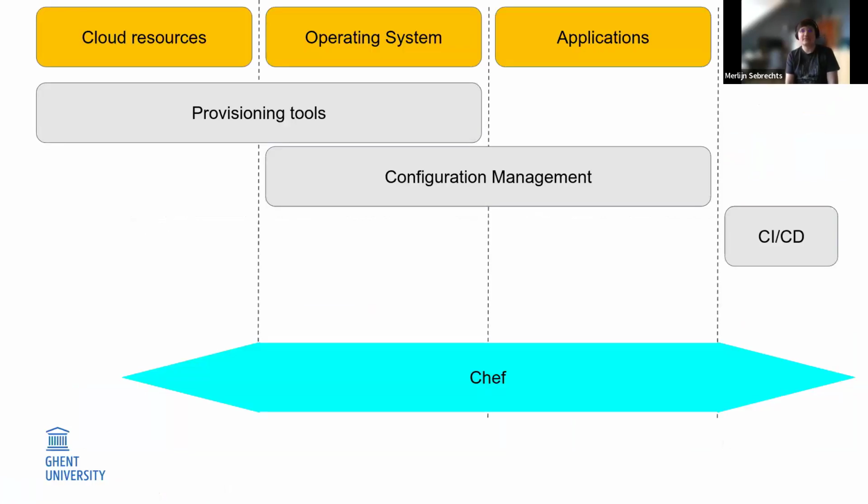Chef is mainly focused on managing operating systems and applications, although you can also use it for CI/CD and you can also use it for cloud resources. I would not necessarily recommend using Chef to manage cloud resources and to manage CI/CD pipelines, simply because there are much better tools to actually do that.